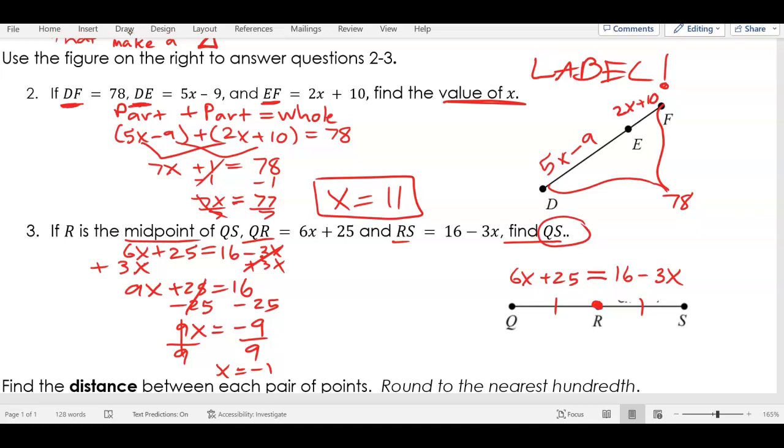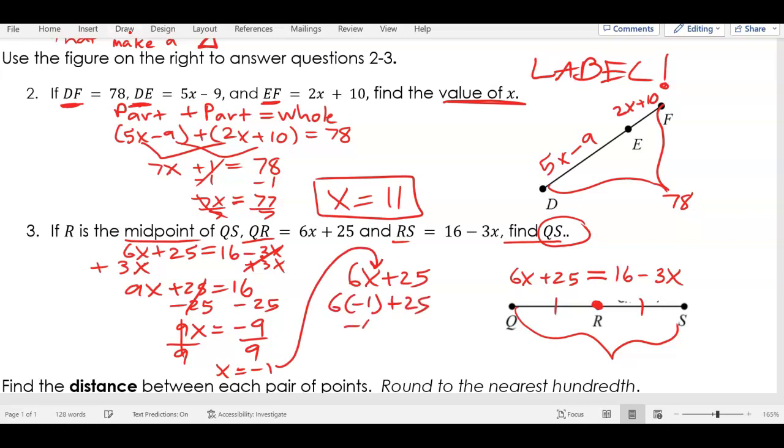However, notice QS is neither of these little expressions, okay? QS is the whole thing, right? So what I'm going to do is take that 6x plus 25 and plug in negative 1 right there. 6 times negative 1 plus 25. Negative 6 plus 25 is 19. Okay. So what I just plugged it into gave me this QR, which is just this half.